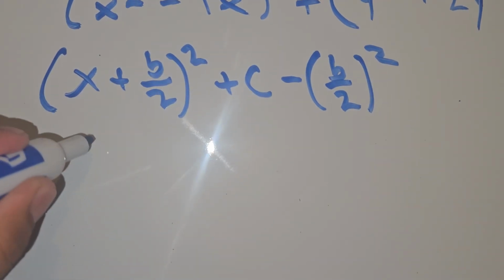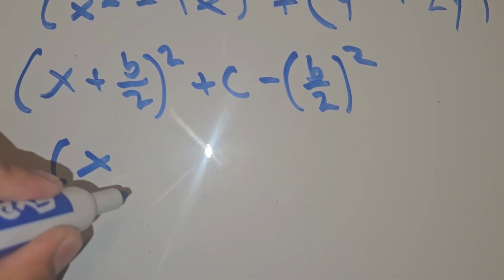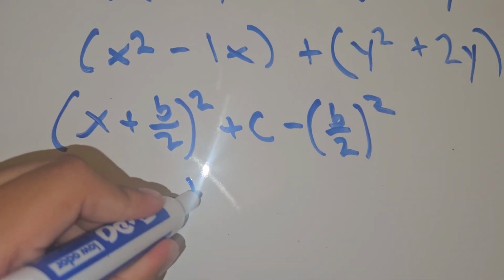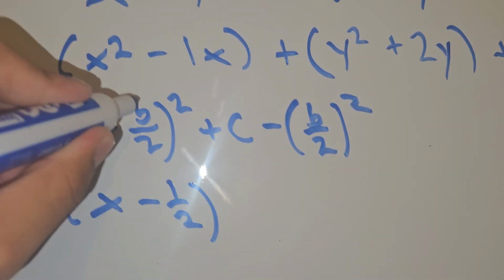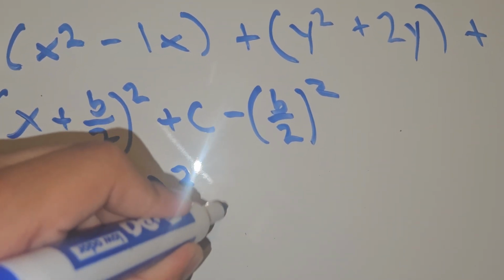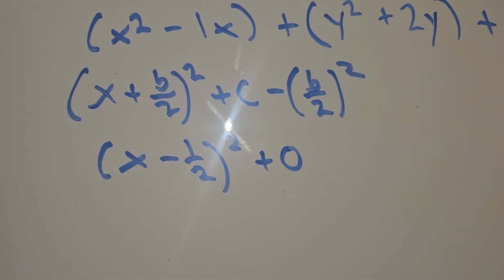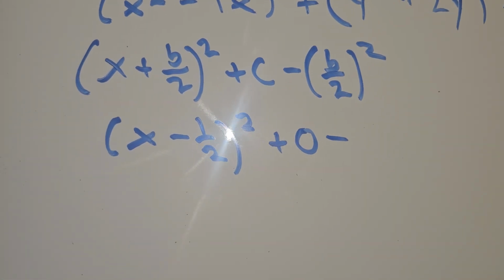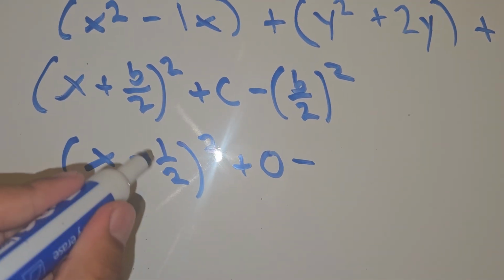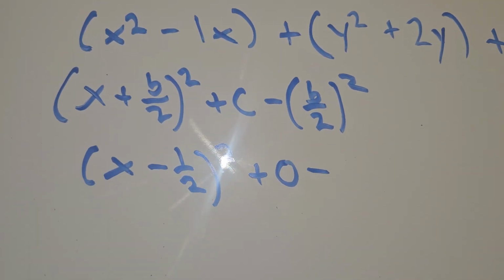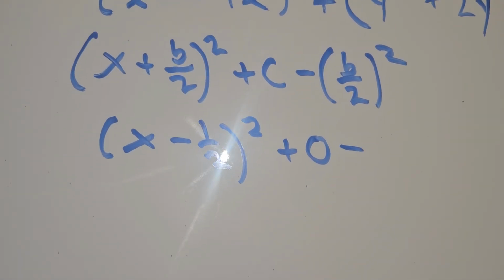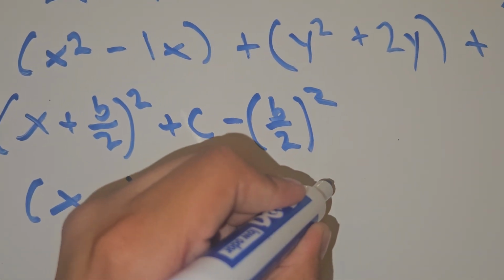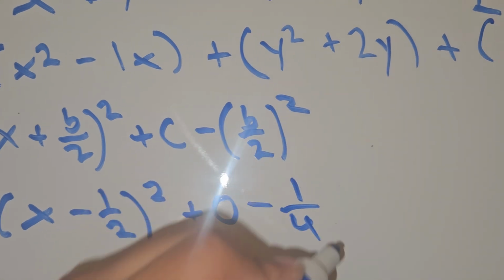So it's x minus 1 divided by 2. That's negative 1/2, right? Squared. Our c is 0, right? Our c is 0 minus negative 1/2 squared. Negative 1/2 squared is 1/4, but we're minusing it, so it's just negative 1/4, right?